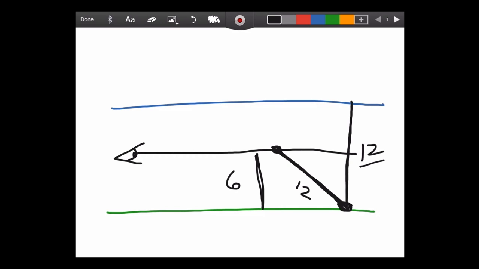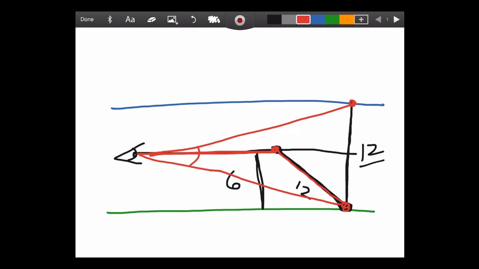So, if the angle between the top and the bottom of the building is the critical factor in whether or not we could see a difference between the top and the bottom of a building, if we tilt this at 45 degrees, we essentially cut that angle in half.